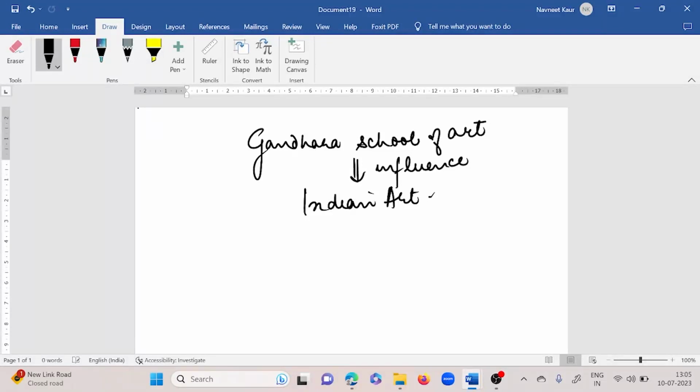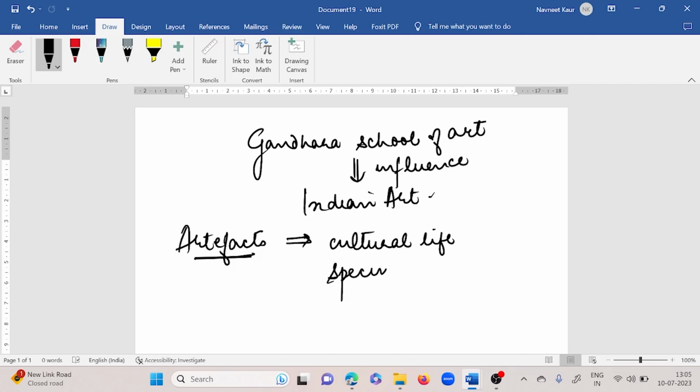Right? So when I'm talking about artifacts, I said that artifacts means works of art made by humans, such as pottery, statues, tools, and ornaments. And they give us a lot of information about the cultural life of the people of the past. And we found some specimens of sculpture.